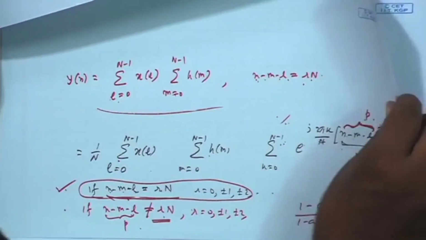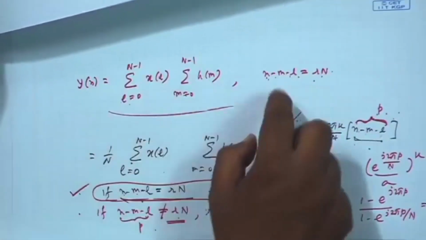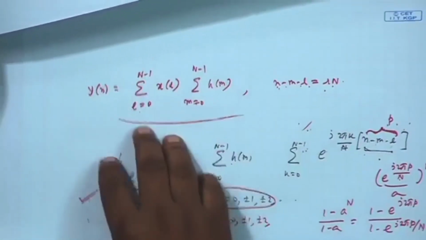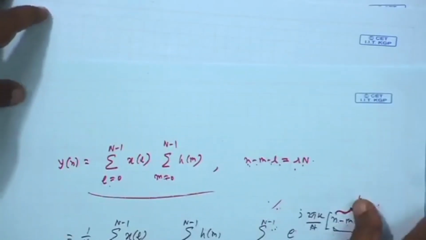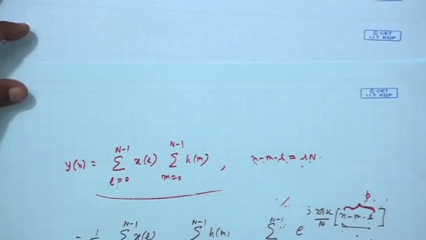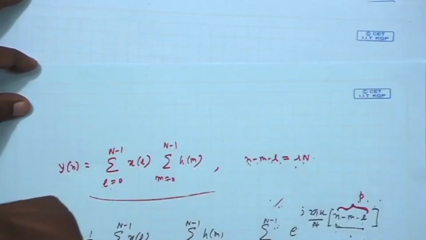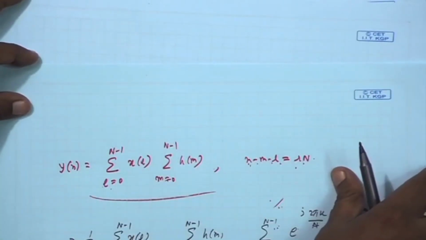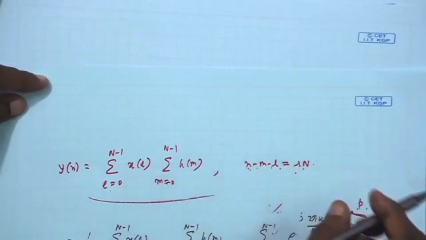So let us see what choices of L and M we can pick under this constraint, and what the summation will be then.